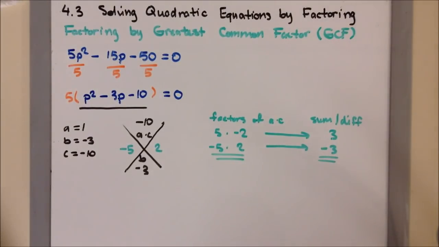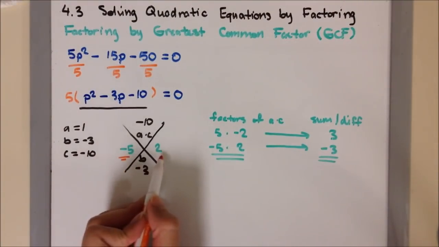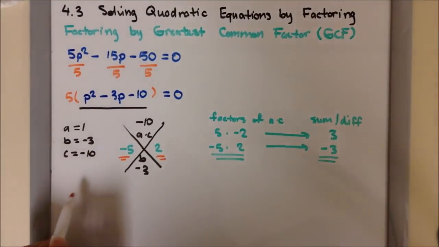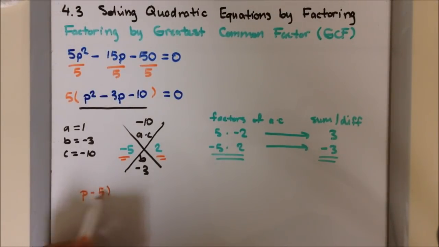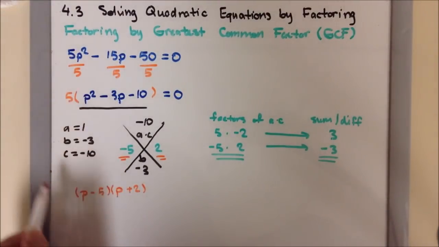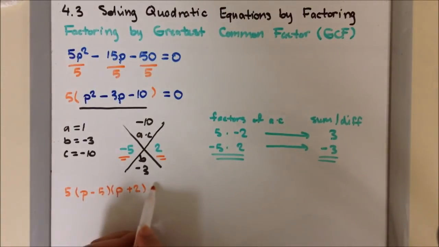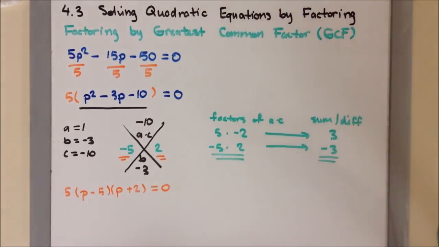Now I'm going to put it in factor form using these numbers, negative 5, positive 2. So it's going to be p minus 5, p plus 2, and I'm going to have my common factor on the outside, equal to 0. So that is my factor form.